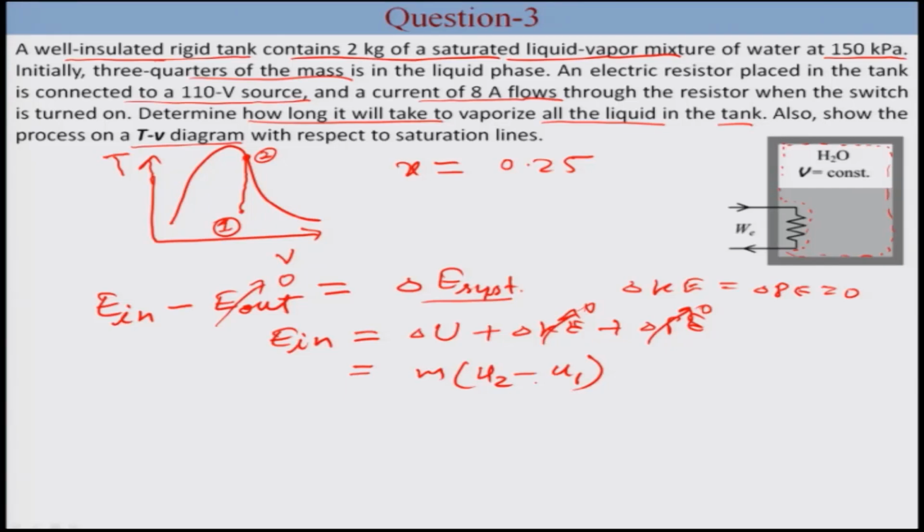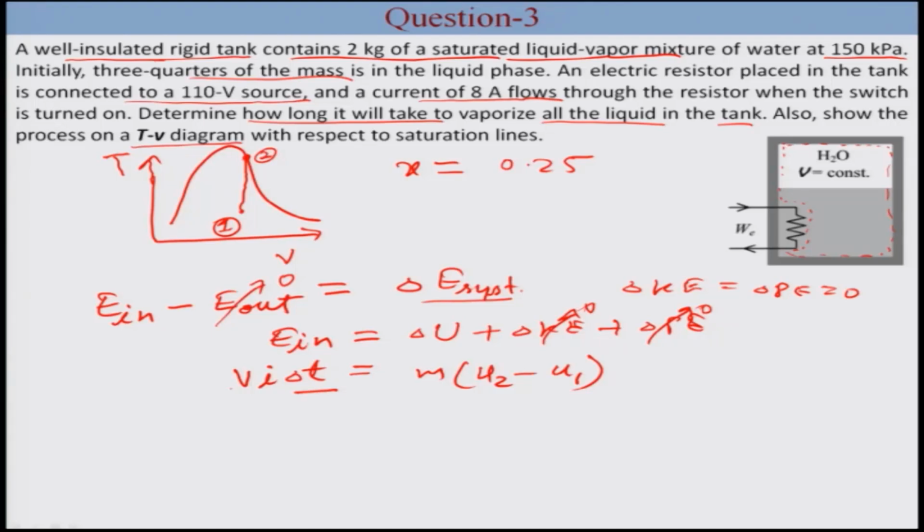And energy in is nothing but energy coming from this resistor, which is V times current into delta T. So the total energy during this interval will be V I delta T. So we have to find this delta T. For that we need to know U2 and U1, and we know V and I.